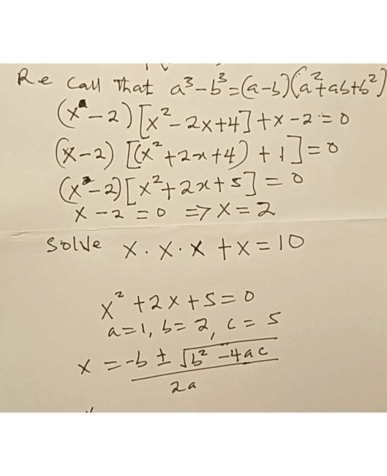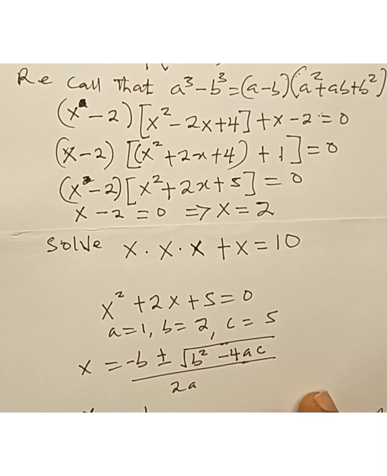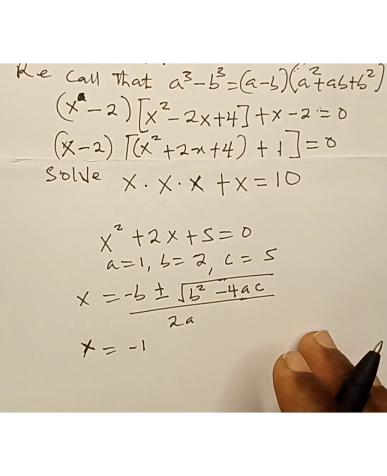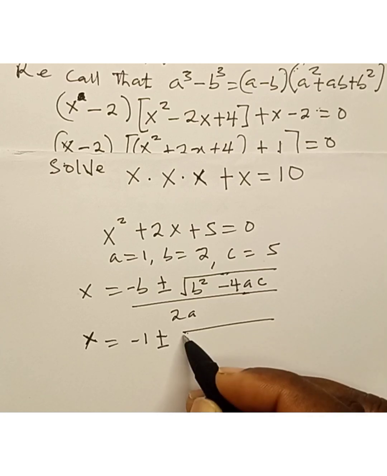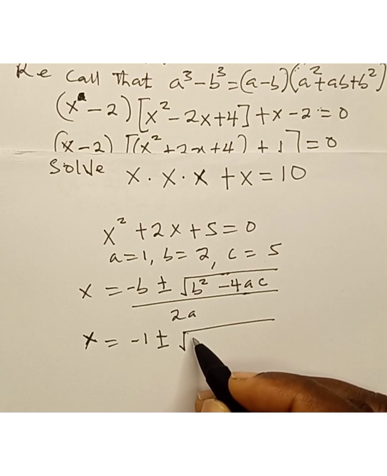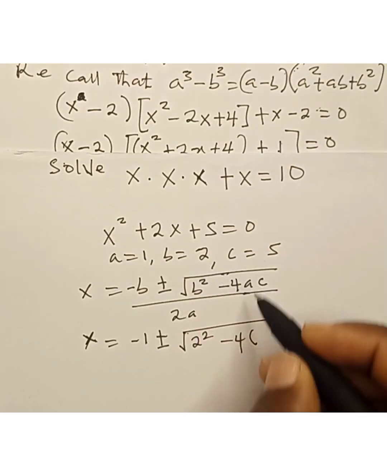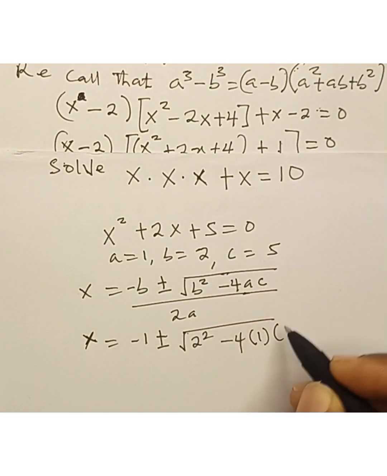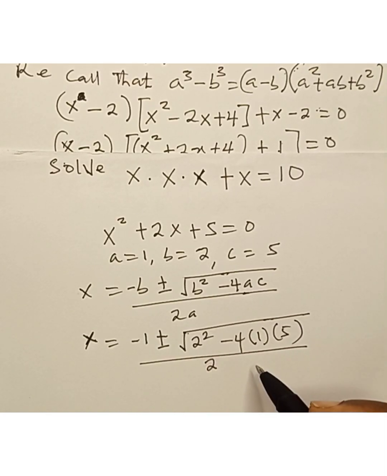We're going to have X equals to minus 1 plus or minus square root of 2 square minus 4, where a is 1 and c is 5, divided by 2 times 1, which is 2.